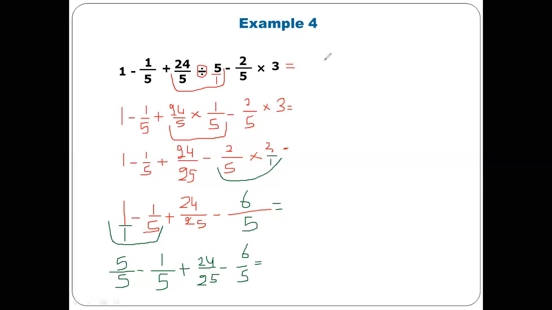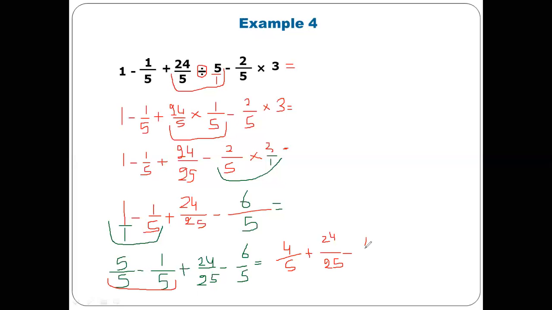So I have to subtract the numerators to get 4 out of 5 minus 24 out of 25. Oh, I have paused here.